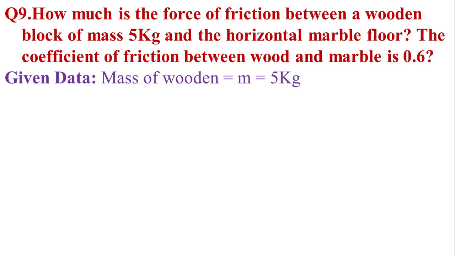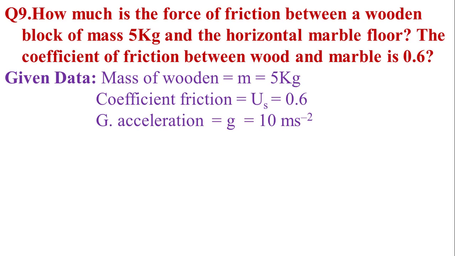So we write the given data: mass of wooden block m is equal to 5 kg, and coefficient of friction mu s is equal to 0.6. We know that the gravitational acceleration small g is equal to 10 meter per second square. Find force F is equal to question mark.